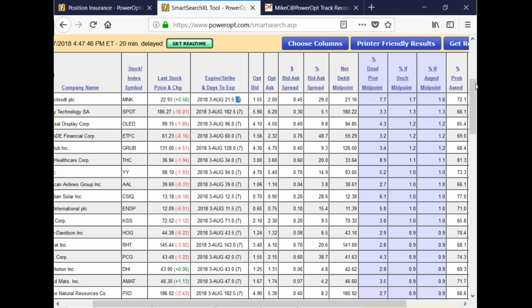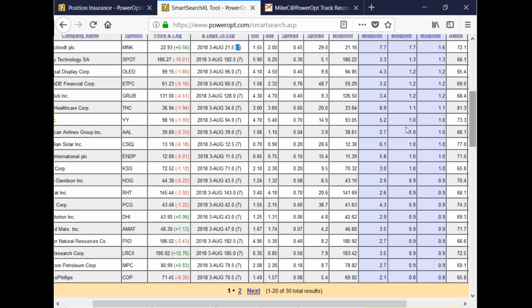So if we kept it simple and said you want to make $5,000 a month trading options to supplement your employment income, to stop working and trade options so you don't have to work anymore, okay? And we want to make $5,000 per month. If we're doing weekly covered calls, we know the average return is about 1%.